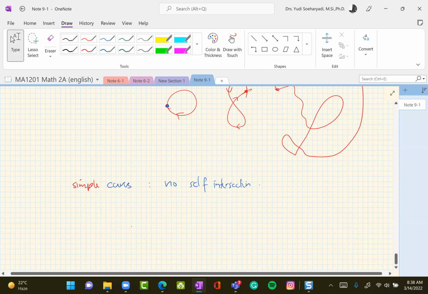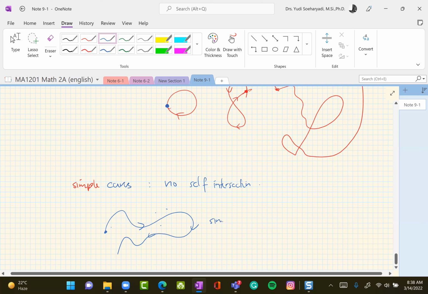No self-intersections, meaning, well, the easiest would be this one here. This is not simple. Sorry, I should say this one. Still going there, going there, going there, no self-intersection.